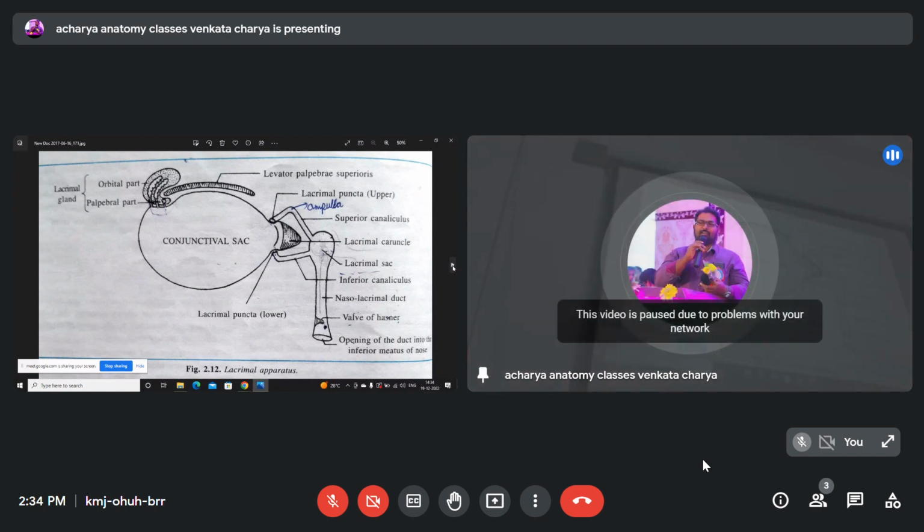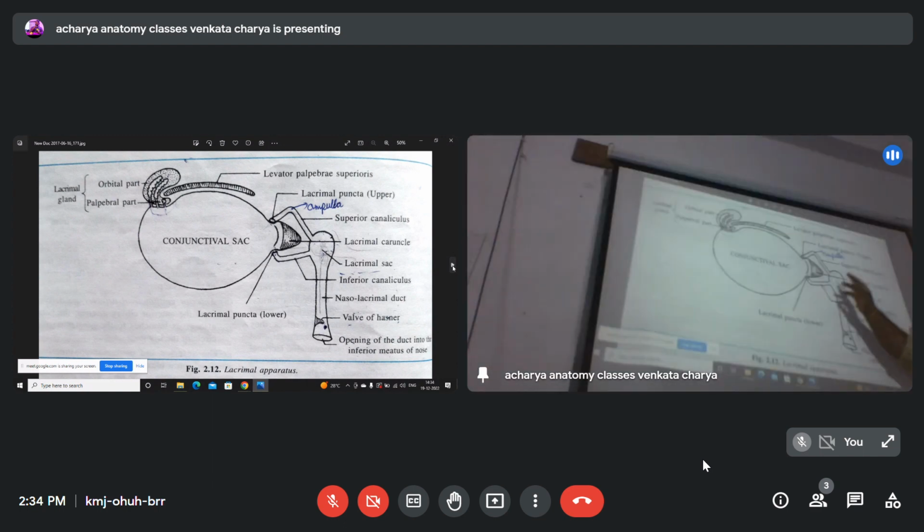Whenever the conjunctival sac is filled with tears, the tears pass through the superior and inferior lacrimal puncta into the superior and inferior canaliculi. Through the canaliculi, the tears enter the lacrimal sac.